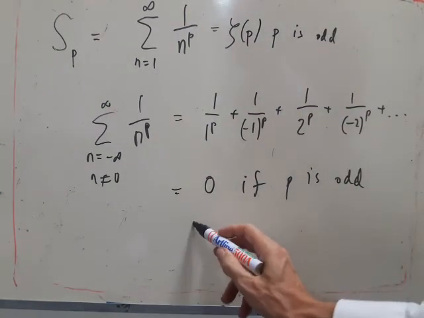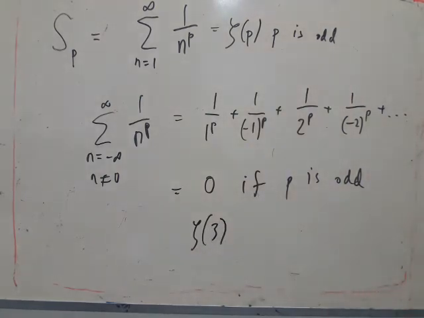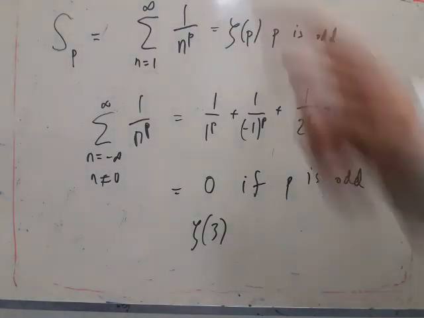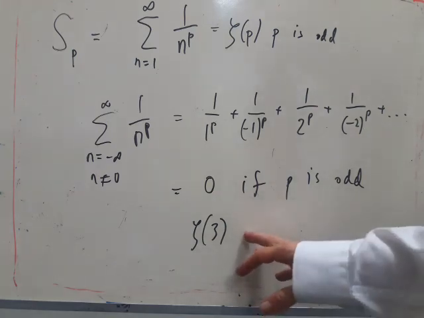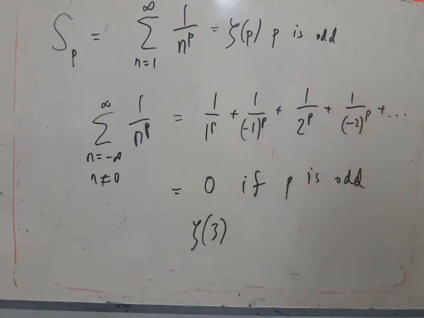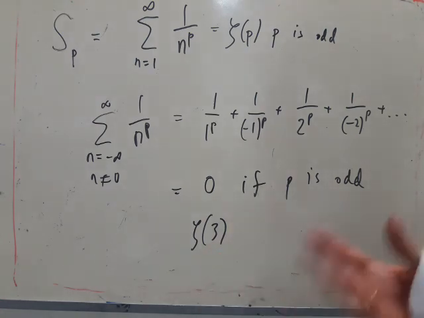And the p equals 3 case, zeta 3, is a number like pi, which there's no other way to express it except in terms of its definition. It has in fact been proved to be irrational, but it can't be expressed in terms of anything else. So it's hardly surprising that there's no way with residues to get this value.